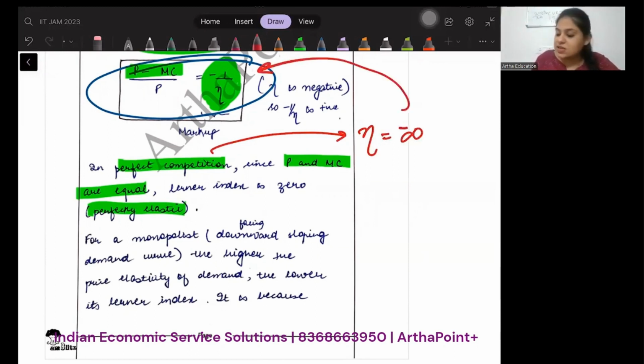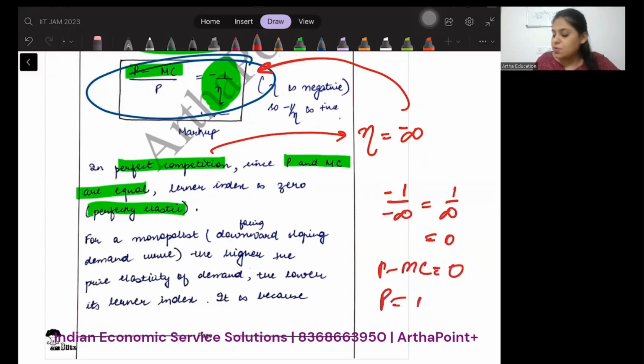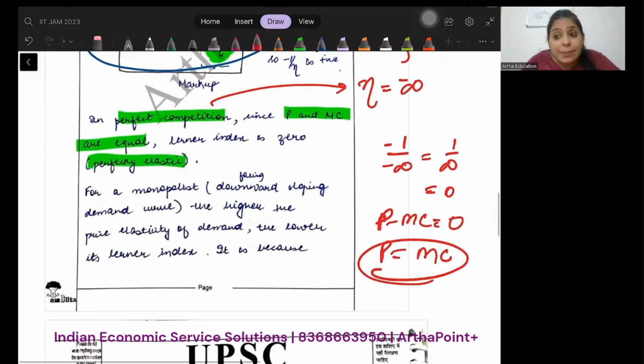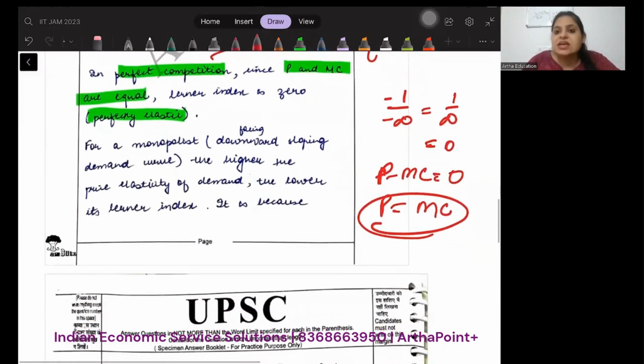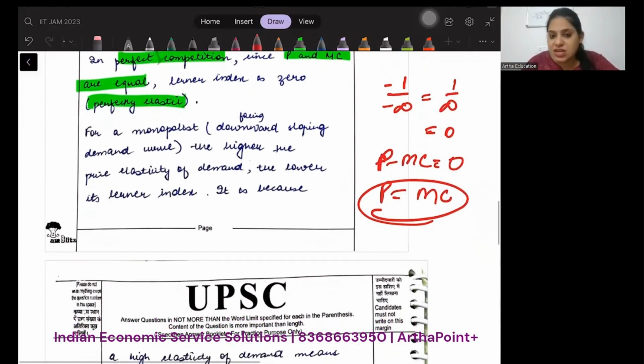If I put minus infinity here, I will get 1 by infinity, which is 0. So P minus MC will be 0, so P will be equal to MC, which is correct, right? Therefore, this formula is absolutely correct. It tells us, for different elasticities, how much I can charge over and above the marginal cost. Is this clear to you?